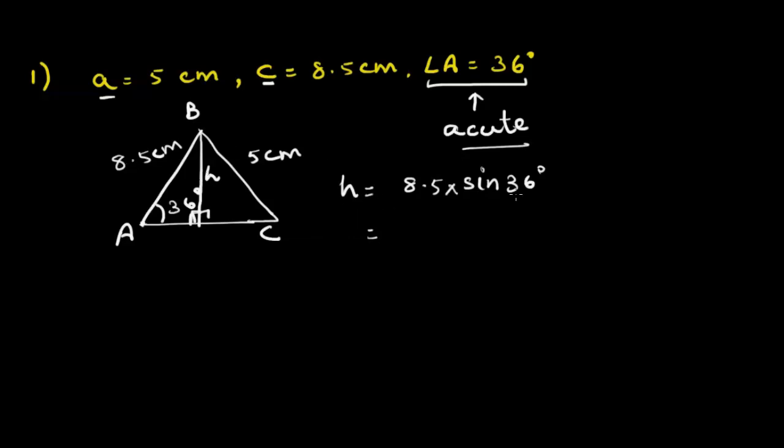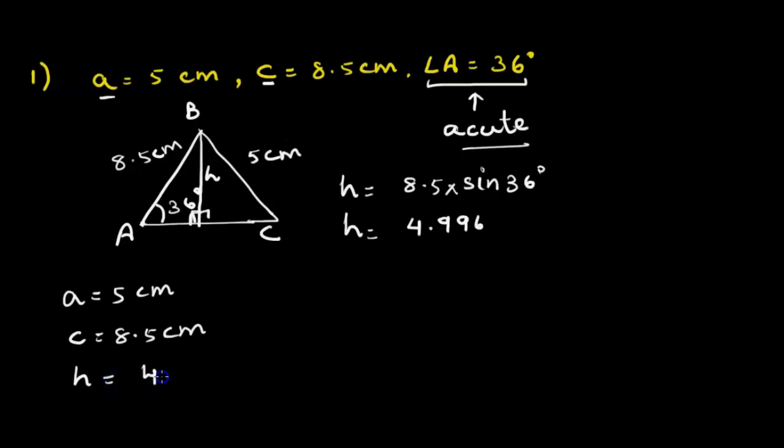When we solve for h, we get 8.5 times sine 36, and this value is equal to 4.996. So now we have side A equal to 5 cm, side C equal to 8.5 cm, and h equal to 4.996 cm, which is approximately 5 cm. However, it is smaller than 5.